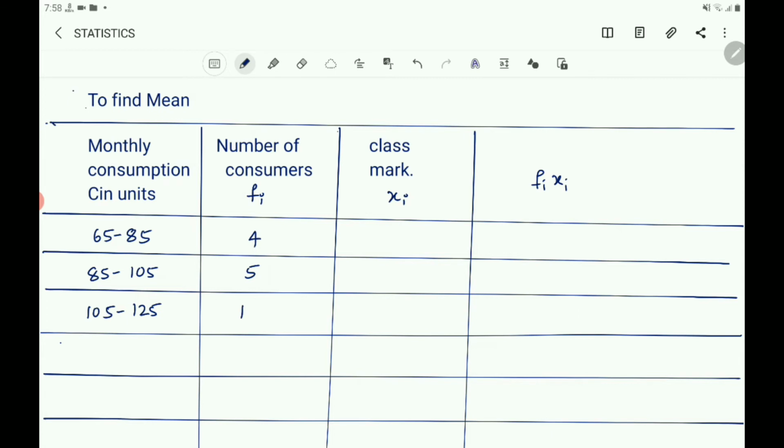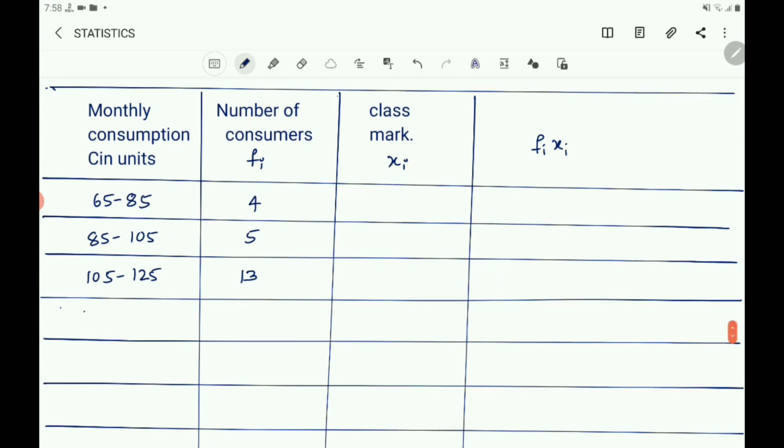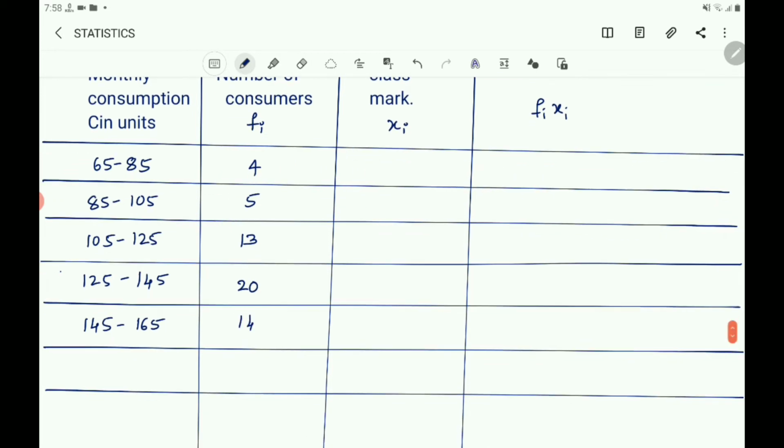Frequency is 13. 125, 145, frequency is 20. 145, 165, frequency is 14, and 165, 185, frequency is 8, and 185 to 205, the frequency is 4.